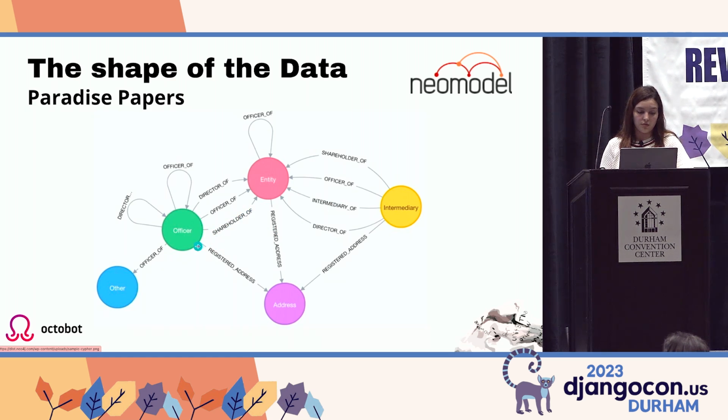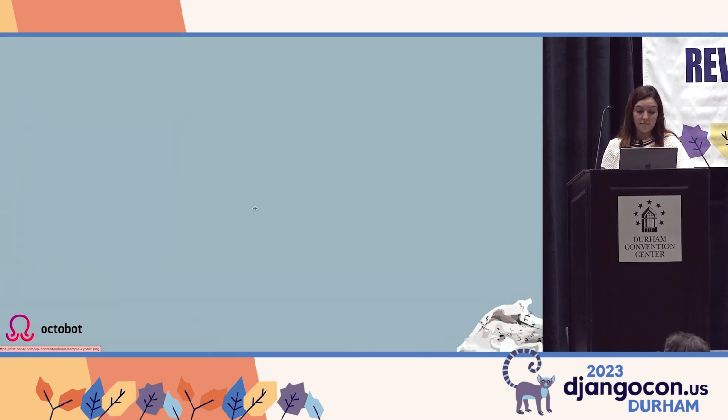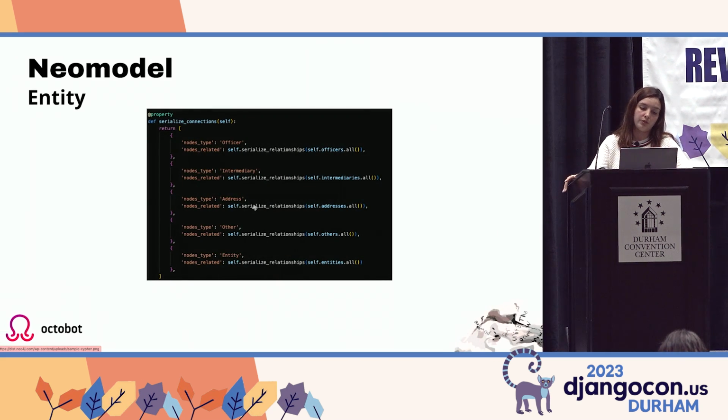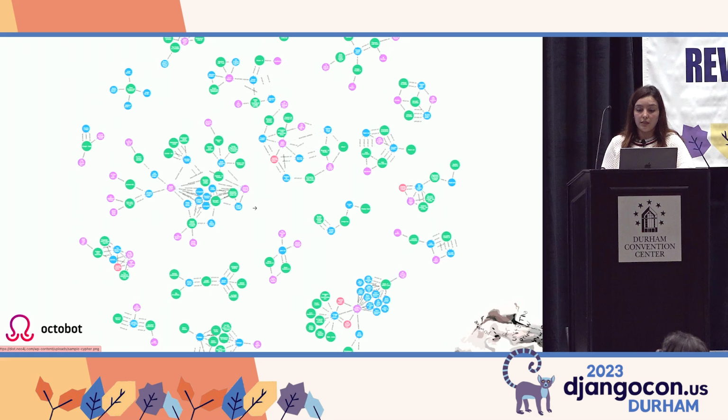So here we have the relationship from officer to entity. And of course, for every model we have to serialize the connections. And this is how we serialize the relationships. And this is how the database looks like.